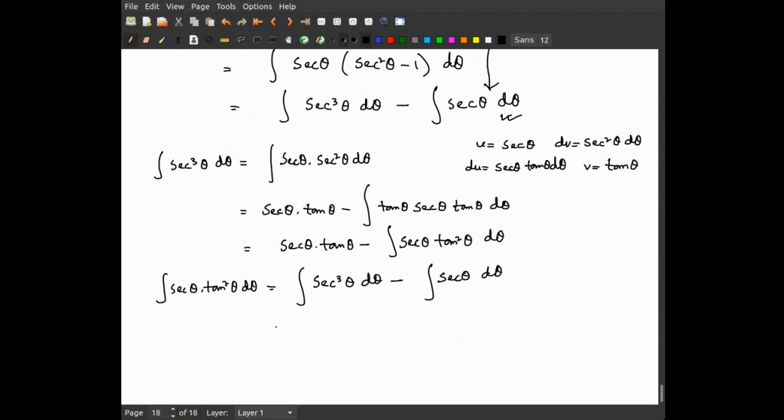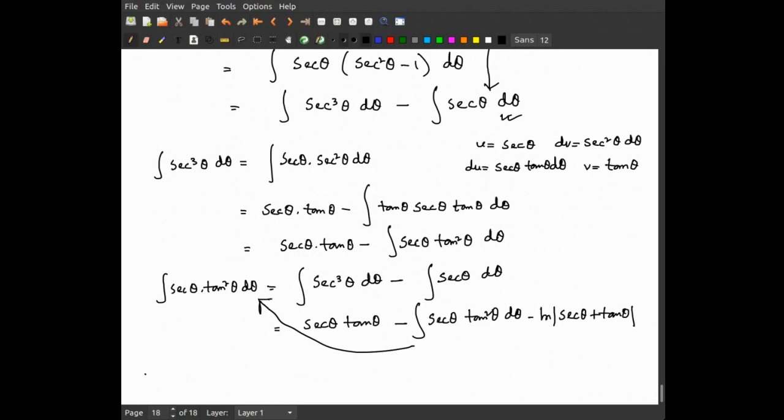But for now, what do I have? The secant cube theta, we have solved it. That is secant theta tan theta minus the integral of secant theta tan square theta d theta. And the last one we already know, that is natural log of secant theta plus tan theta. But what do we do? We take this one on the other side.